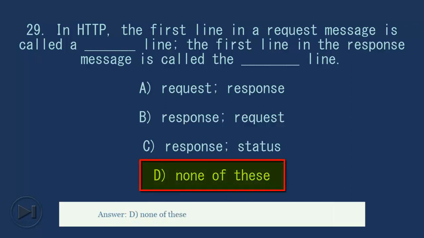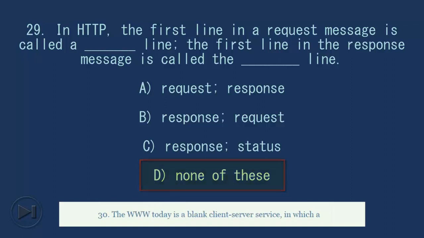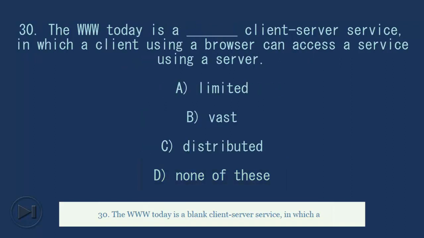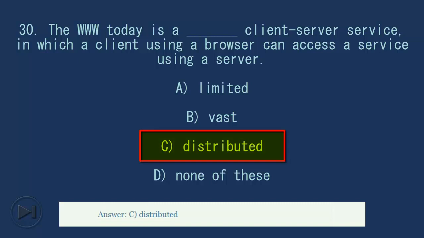Answer: D. None of these. 30. The WWW today is a blank client-server service, in which a client using a browser can access a service using a server. A. Limited. B. Vast. C. Distributed. D. None of these. Answer, C. Distributed.